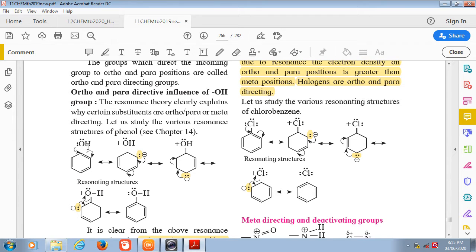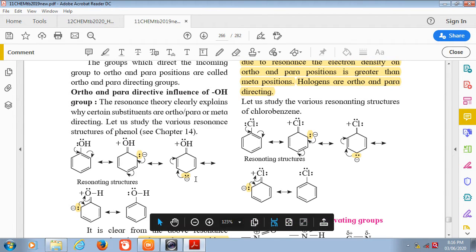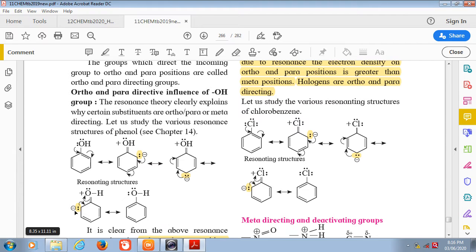Similarly, if you observe the resonating structure of phenol, the OH group contains a lone pair of electrons on oxygen, and if it is shifted towards the benzene ring, you can observe ortho and para positions become electron rich. So the OH group also increases the electron density at ortho and para positions of your benzene ring, so it is an ortho para director.